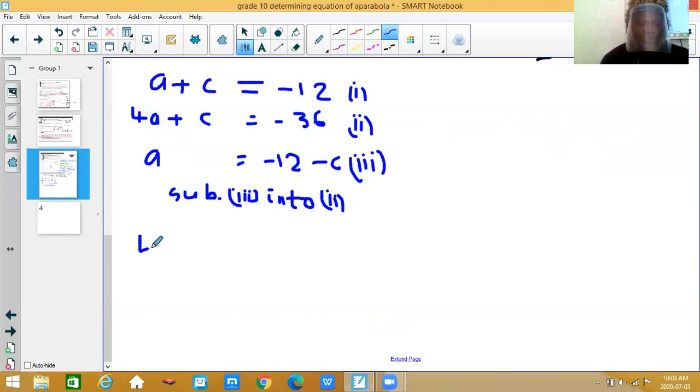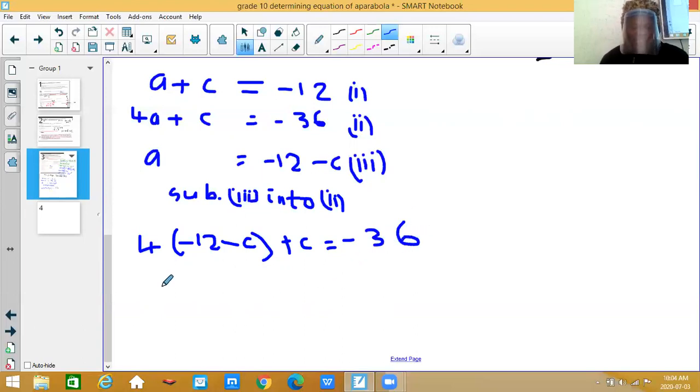It's 4 into minus 12 minus C. Very good. We are replacing this A by negative 12 minus C. Perfect. And this one is giving us plus C, which is equal to negative 36.